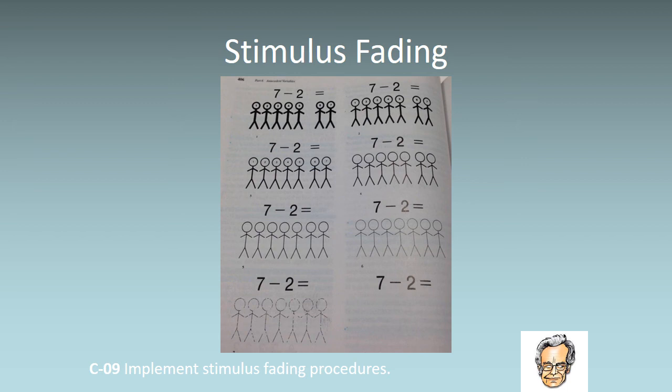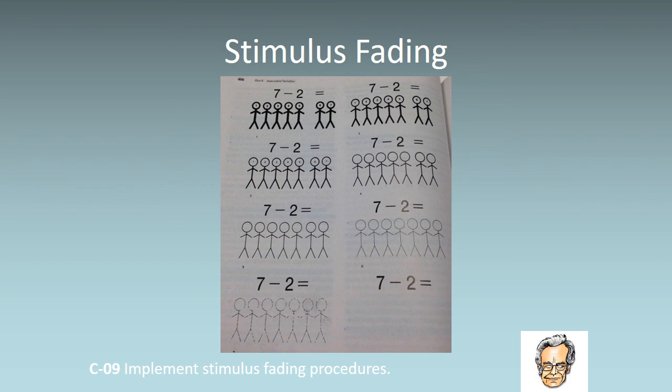We're teaching this individual how to do 7 minus 2. If you notice, there are people in the picture. Those people are stimuli to help the person look at and count to get the correct answer.